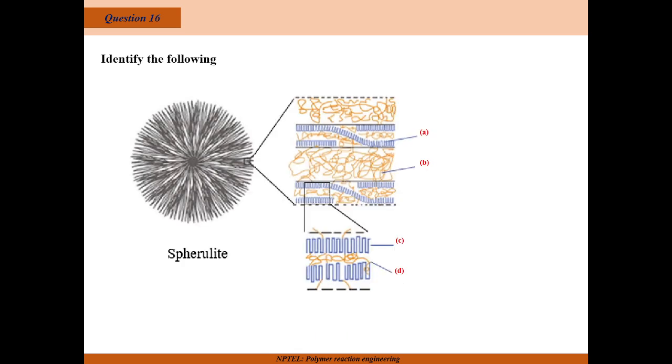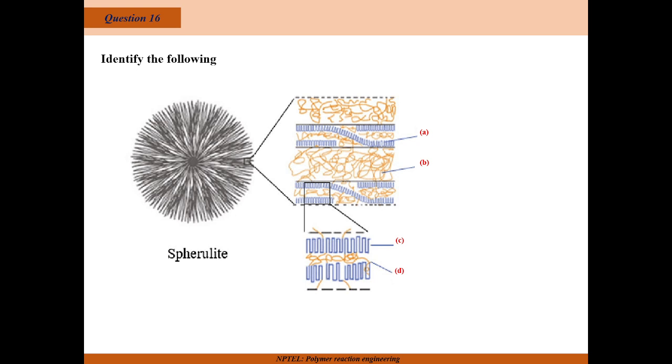So this is a typical structure of a spherulite, and there are 4 points marked. Please try to identify these 4 points: A, B, C, and D. A is likely a lamellar structure within the spherulite.